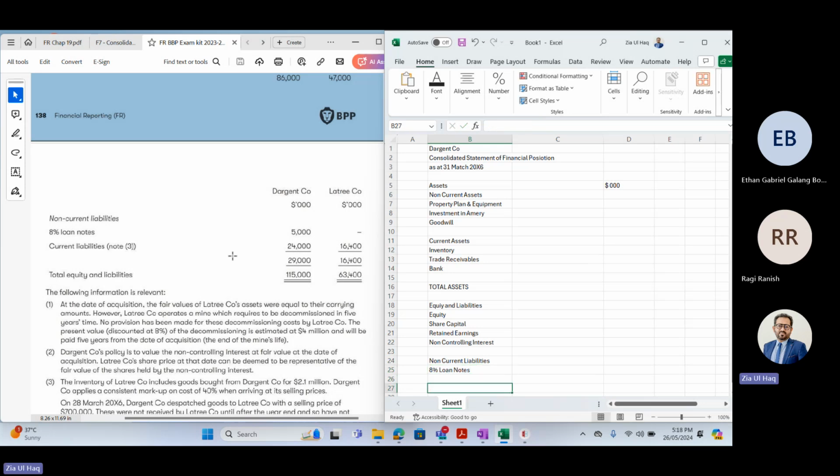We are having current liabilities. This information we are having.